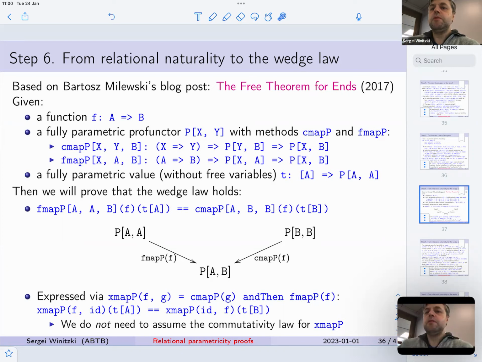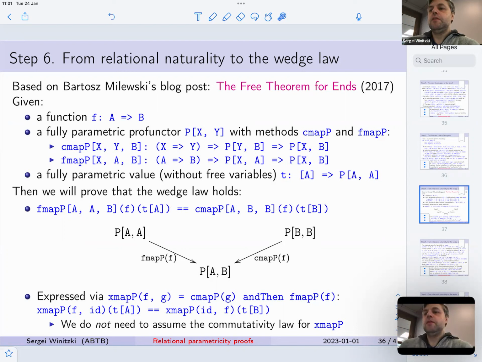So the cmap changes the first type parameter, but it goes in the opposite direction. And fmap changes the second type parameter, mapping with the function f. And then you have a fully parametric value of this type. So for all a, P a a.